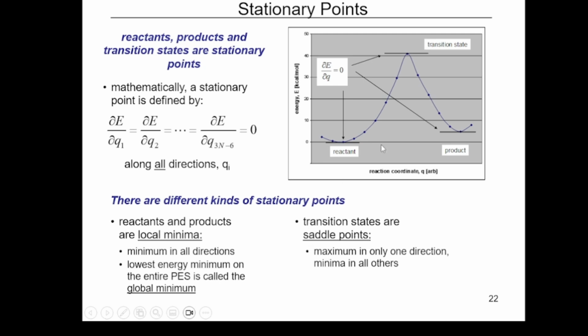Now, the saddle point is a maximum in one direction, and that is the reaction coordinate, whereas this saddle point is minimum in all other directions. So transition states are saddle points, and they are maximum in only one direction, and they are minima in all other directions.